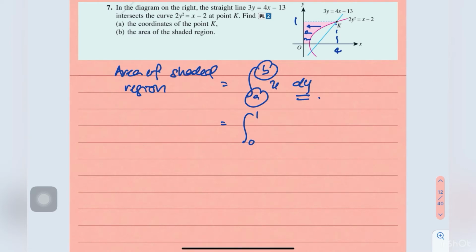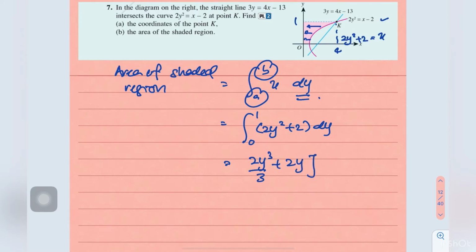We make x the subject. So from the equation, x = 2y² + 2. So the integral of (2y² + 2) dy. We integrate, so here we get 2y³/3 + 2y, from 0 to 1.